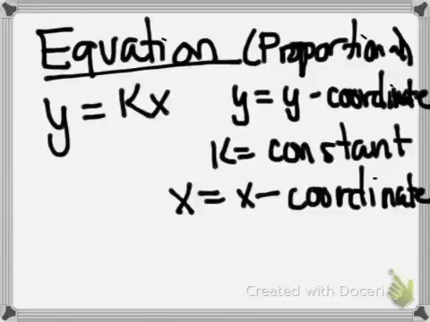So basically, guys, you're looking for y, an equal sign, a coefficient or number right beside a variable x. It could be a whole number, it could be a fraction, it could be a negative number, it could be a negative fraction. But again, it has to be in the form of y equals kx.